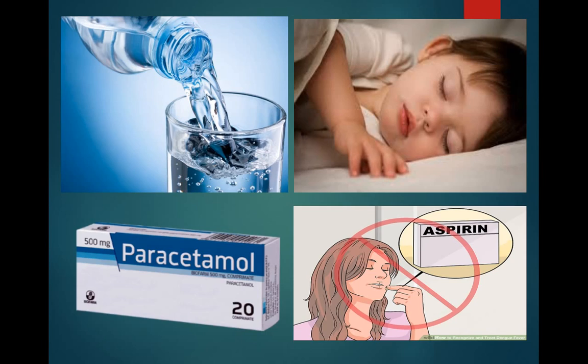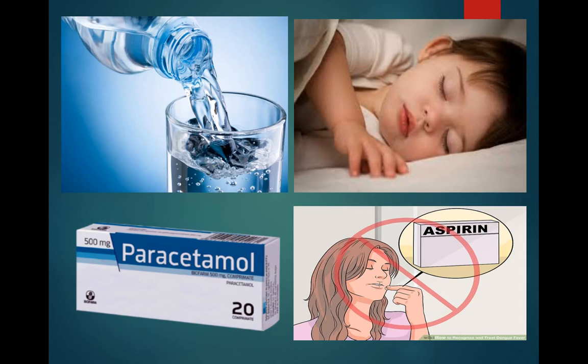The most critical and important is lots of fluid. The patient diagnosed with or suspected of having dengue infection must take lots of fluid. Fluid could be in the form of water, juices, shikanjis, and so on. And the patient should take adequate sleep and rest.